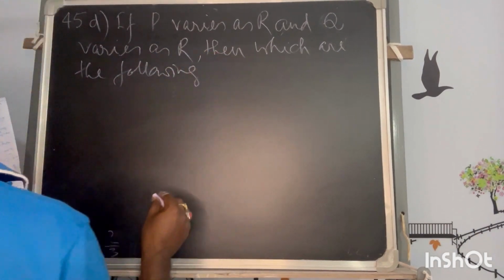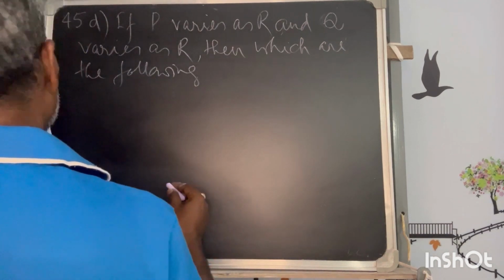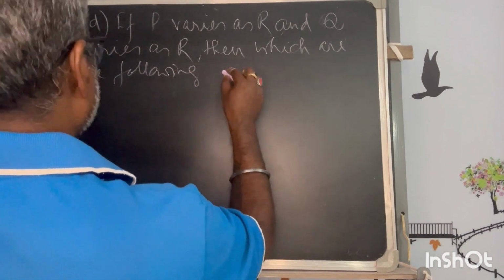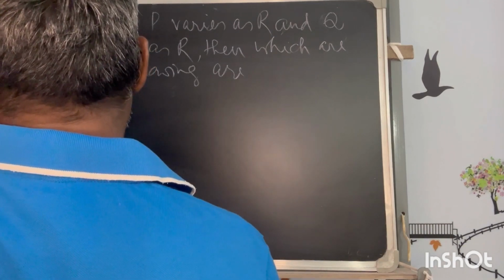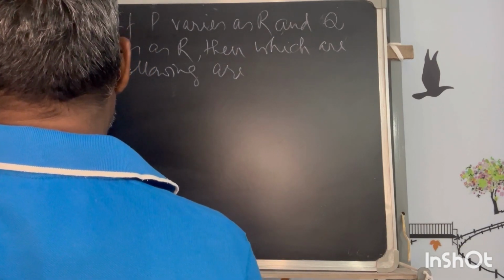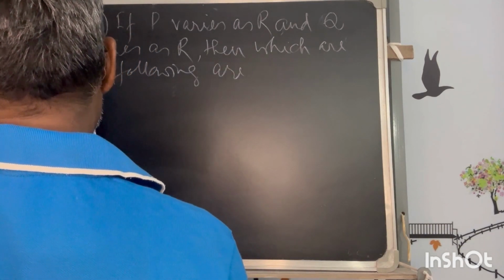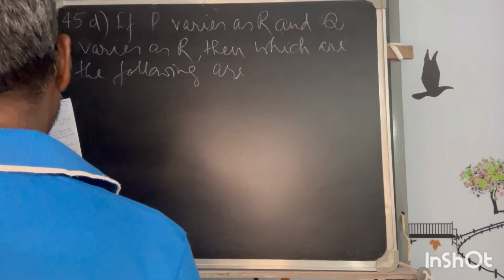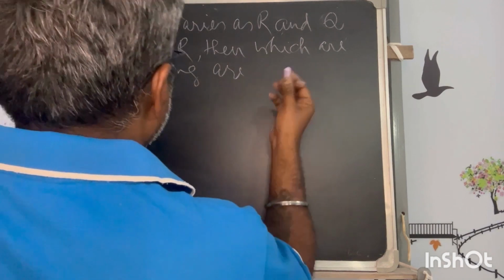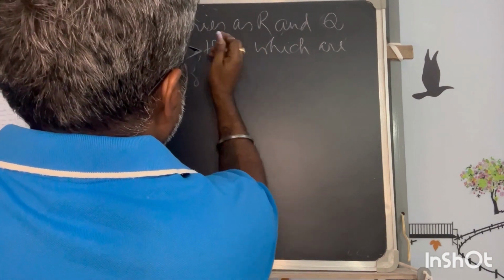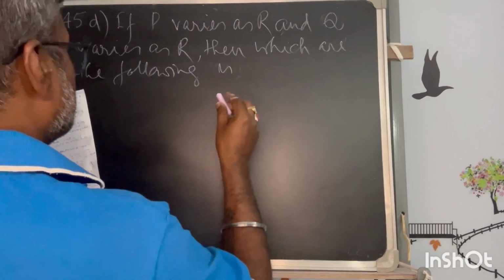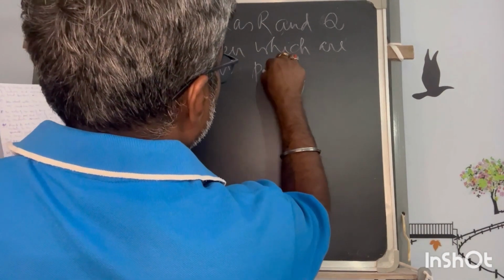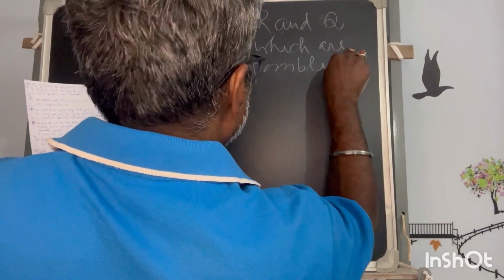There are 4 statements. I will write those statements. Which of the following is feasible or possible, because you have to choose any of the 4 options. Okay, so let me write the conditions.